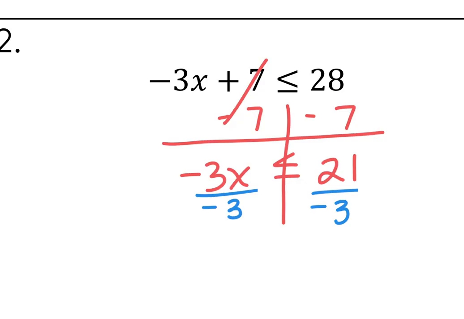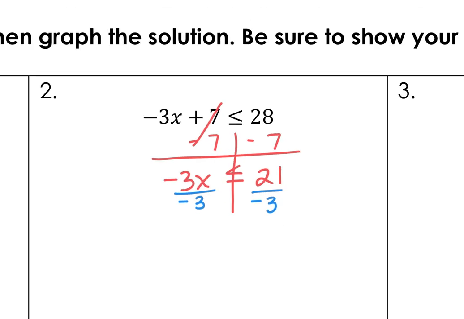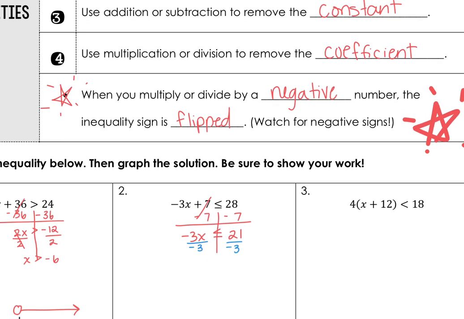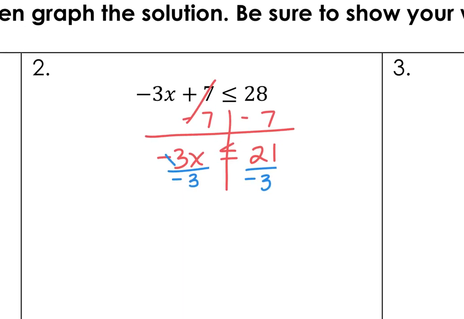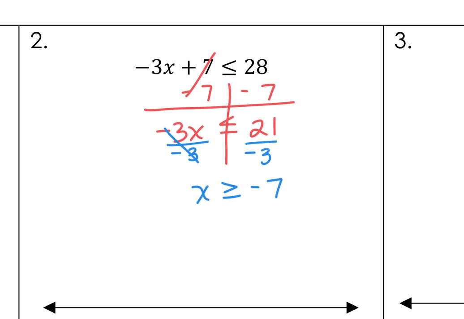And the fact that I'm dividing by a -3, this is when those sirens need to be going off in your head, because the one thing that I told you you have to remember up here is that when you divide by a negative, you have to flip that inequality sign to keep it true. So now, all of a sudden, x is going to be greater than or equal to 21 divided by -3 is -7.